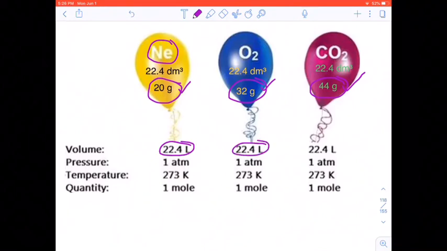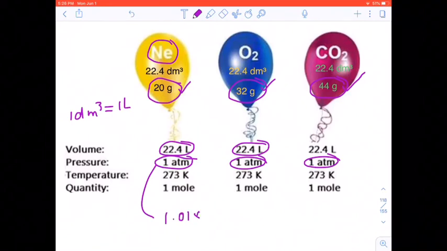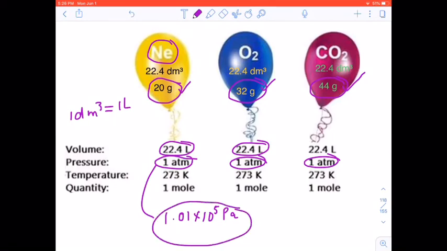I told you 1 decimeter cubed is equal to 1 liter. And here the pressure is 1 atmosphere, given in the data sheet as 1.01 times 10 to the 5 pascals.